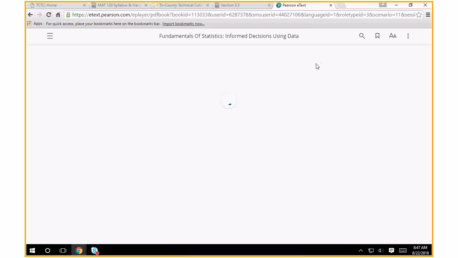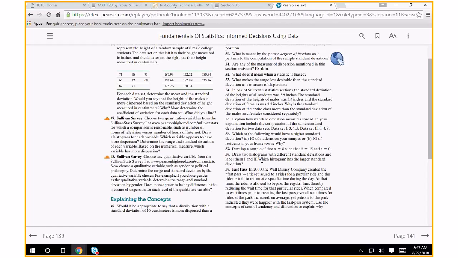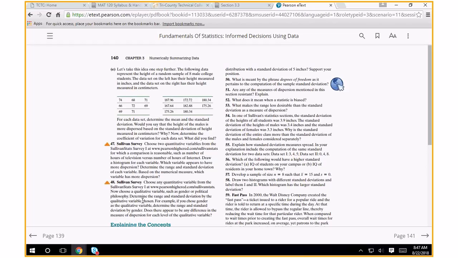Turn to page 139 or 140. And if you turn to page 140, it looks exactly like this. You go up to the handy dandy button up here somewhere. There it is, print, and you can print out this page.